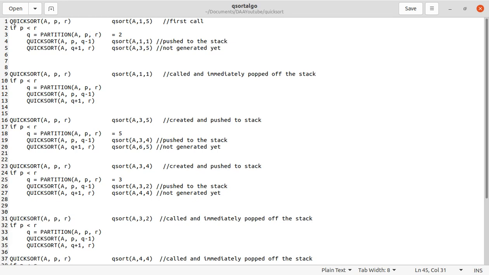So you see the algorithm quicksort A, P, R. P is the starting index, R is the last index. So the first call is qsort A15. P is 1 and R is 5. So this condition is satisfied, 1 less than 5. Immediately the partition algorithm is called.